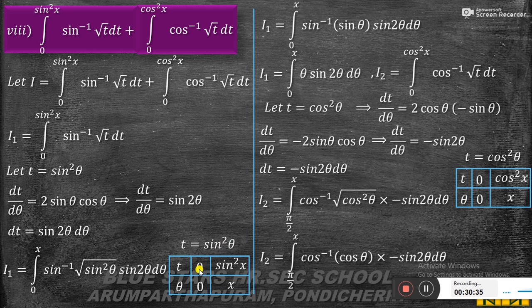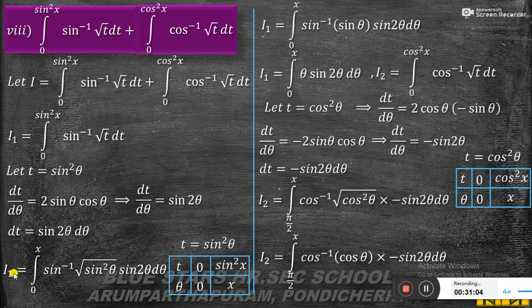So I substitute t equal to 0 here, so theta equal to sin inverse 0, which is 0. Next I substitute t equal to sin square x, so theta equal to x, because we multiply the sin square into sin inverse, and we get the answer x. Therefore the theta limit is 0 to x.